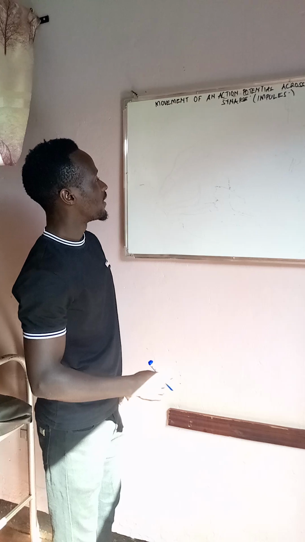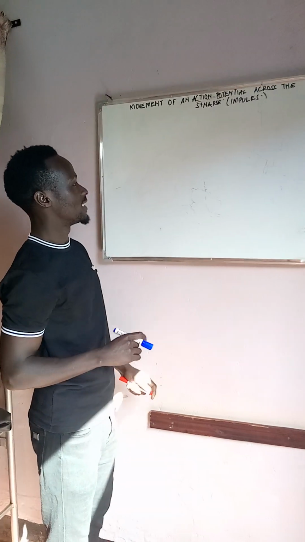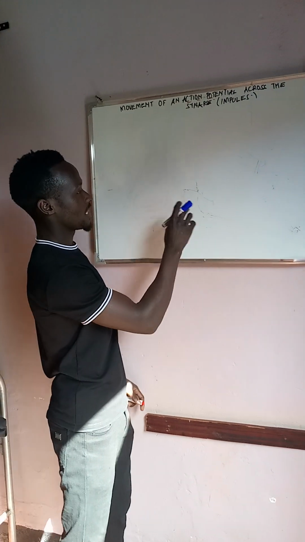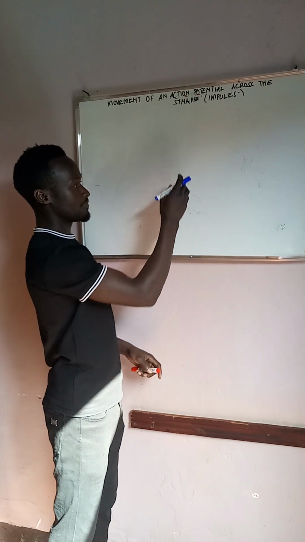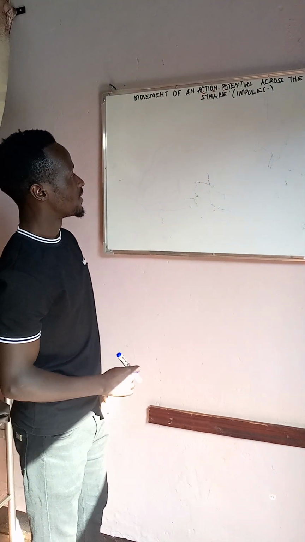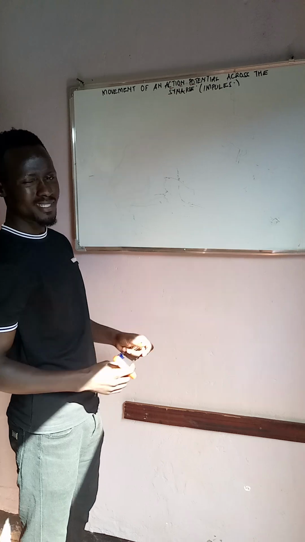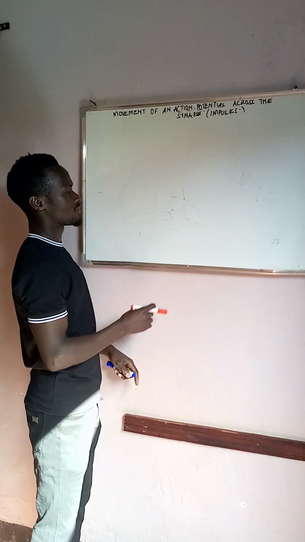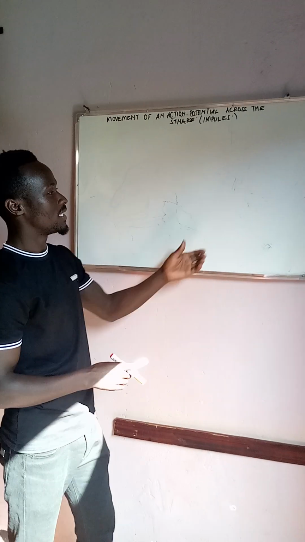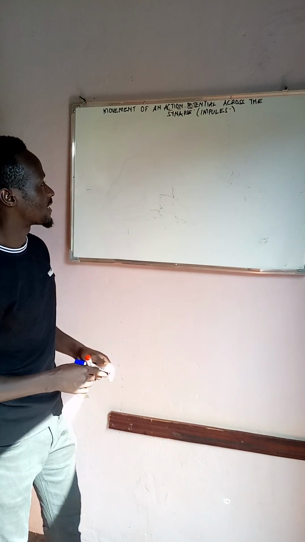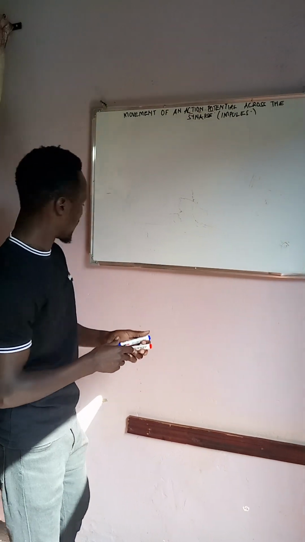Remember, the neurons are not in direct contact with each other, so they have space between them, but we see that the impulse moves from one neuron to the next neuron. How does it happen? So let's start.